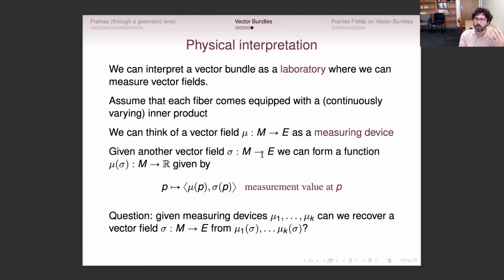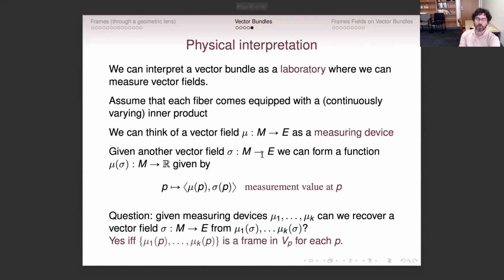And the question you'd want to ask is, could I figure out what the vector field was just by knowing the measurements? If you think about this, these measuring devices are like a bunch of different analysis operators at every single point on your manifold. So at every point on your manifold, you have k measuring devices, and you can get k numbers associated to your vector field.